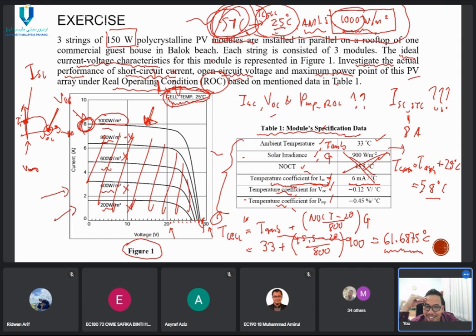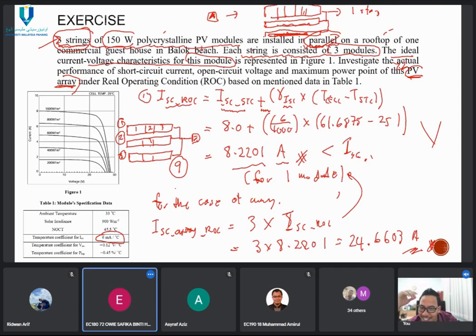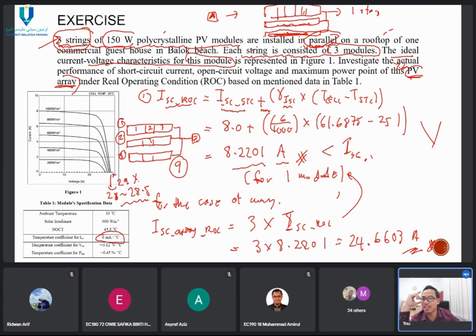Kena baca sikit ni. Sekejap ni. 29 salah, sebab tak sampai 29. 28 boleh lah. Mungkin boleh 28 hingga 28.5. For the VOC, 28.5 is the best one.